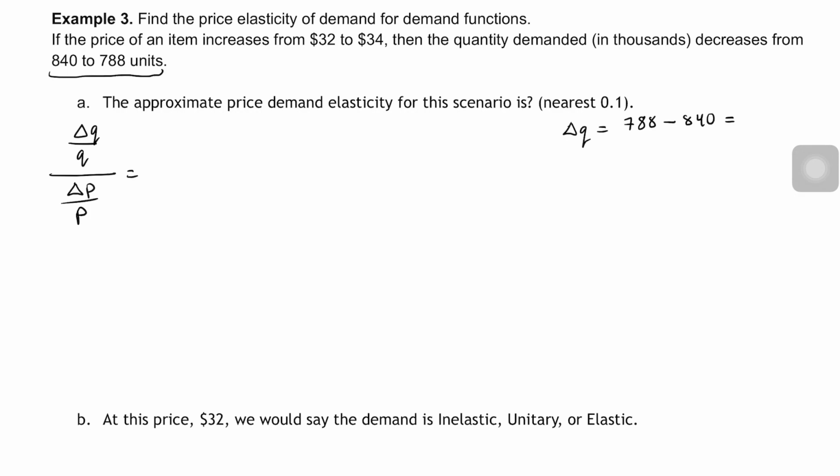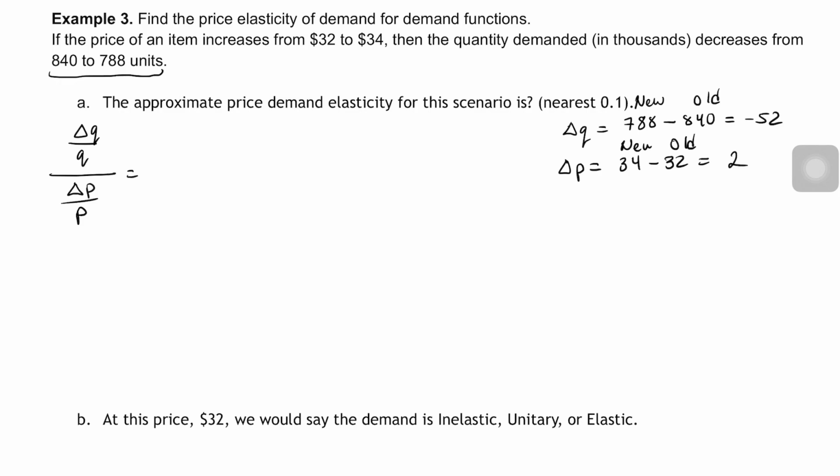The difference between those two is going to be negative 52. The change in price is going to be 34 minus 32. So this is again always new minus old, because you wanna see what's the change. You wanna see what's the new, and then subtract the old. So this will give us just 2.